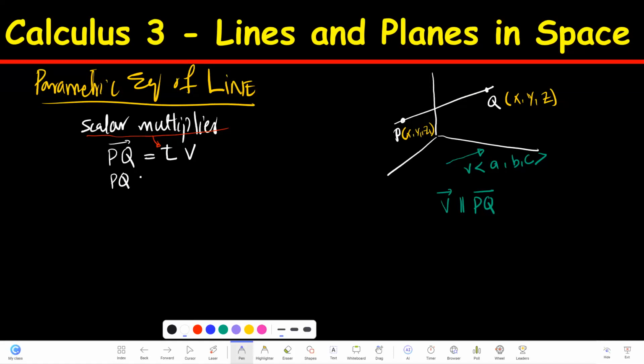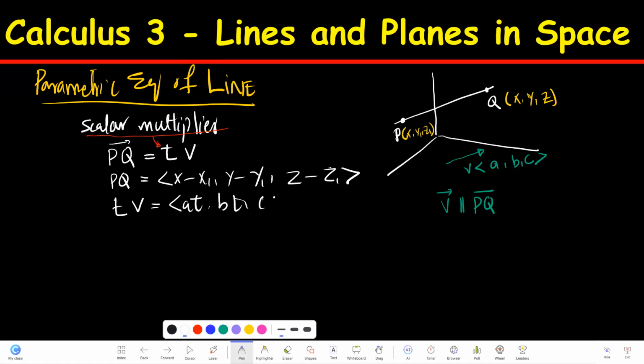So PQ equals x minus x1, y minus y1, z minus z1. From the coordinates, I just take the minus and write this. That's what we used to write the vector or lines. Then T v can be written like this: since v is ABC, AT, BT, CT.